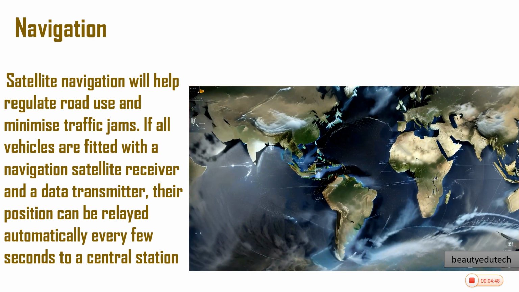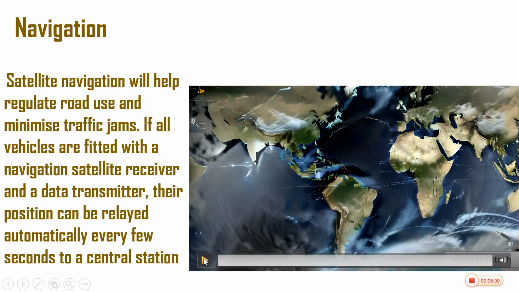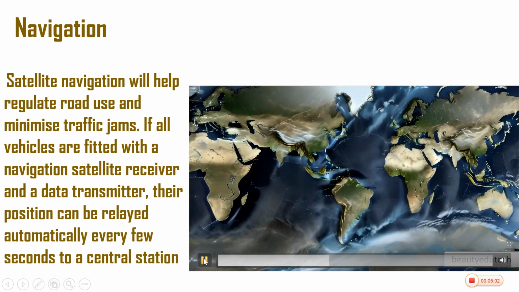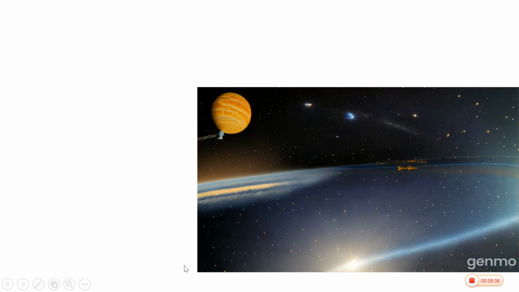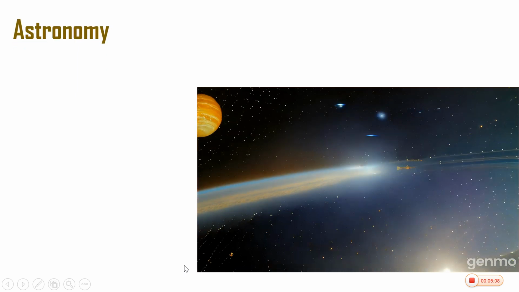If all vehicles are fitted with a navigation satellite receiver and a data transmitter, their position can be relayed automatically every few seconds to a central station. Let's look at another use of the satellite. Another use of the satellite is in astronomy.